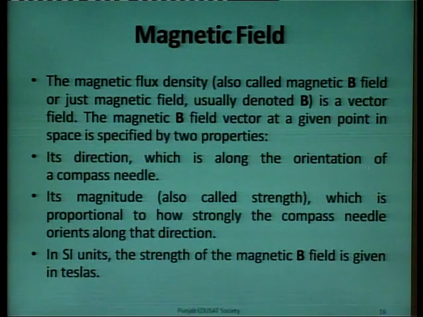In the SI system, the strength of the magnetic B field is given in Tesla. So, the unit of magnetic field density is the Tesla.